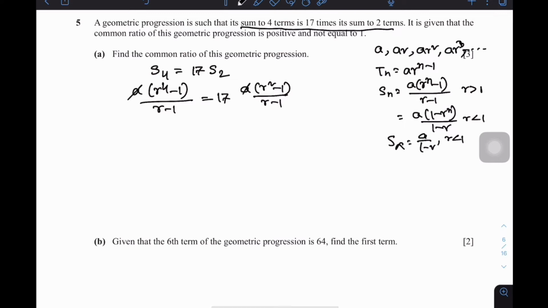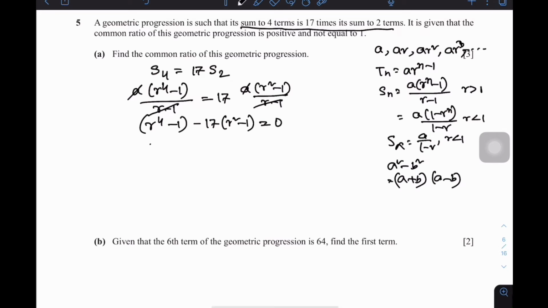Here a is cancelled, r minus 1 cancelled. We can write here r to the power 4 minus 1. Let me take all these things in this side. 17 times r square minus 1 equals to 0. And we can write a square minus b square equals to a plus b times a minus b.